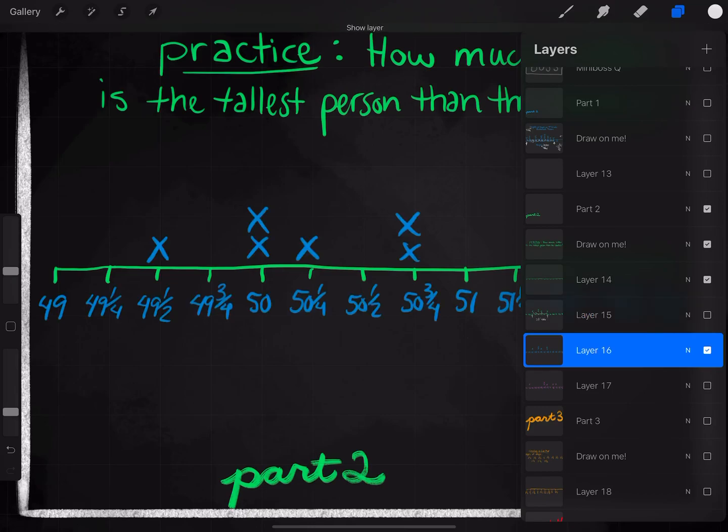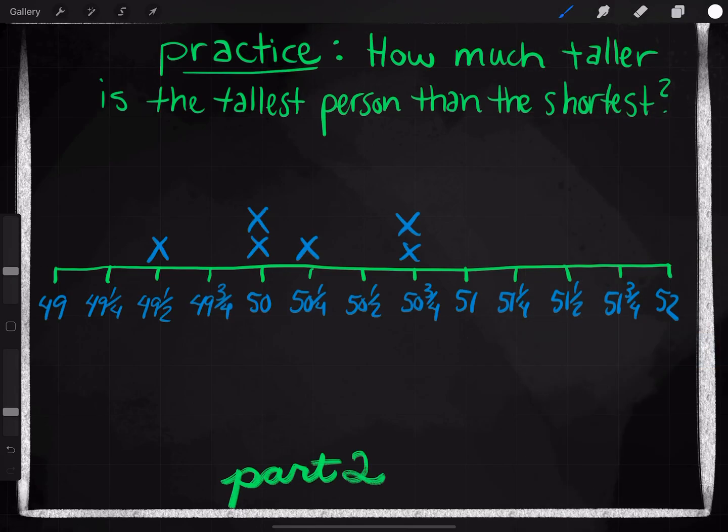Here's another bit of info to work on. Now the number line, each mark represents a 1/4 inch instead of a 1/2 inch, so it's just a little different. So here is our tallest two people. Here's our shortest person. Okay, so we are going by fourths.